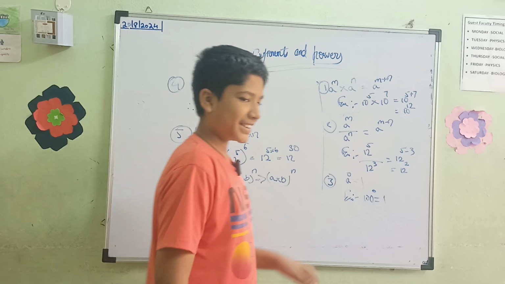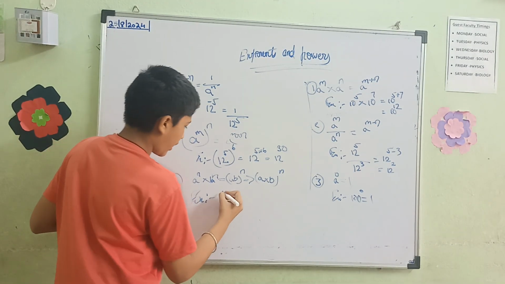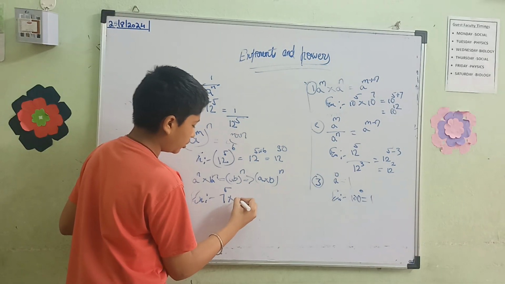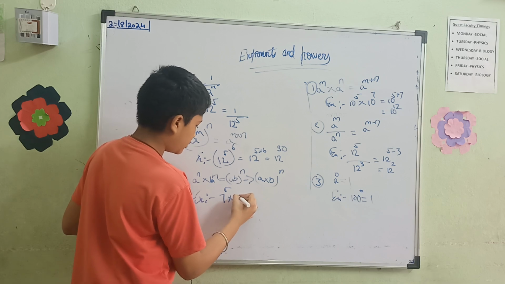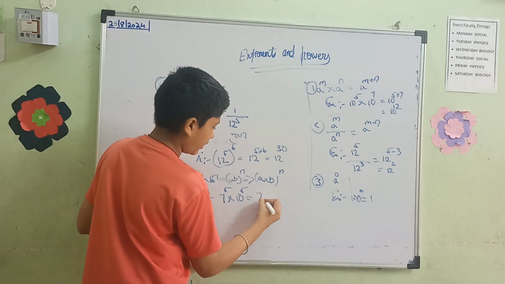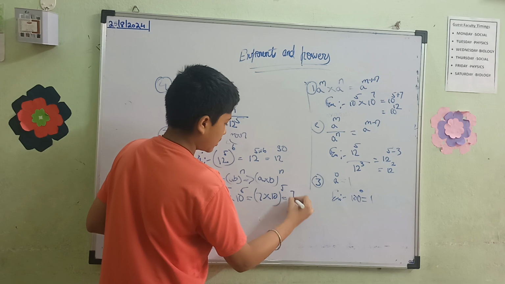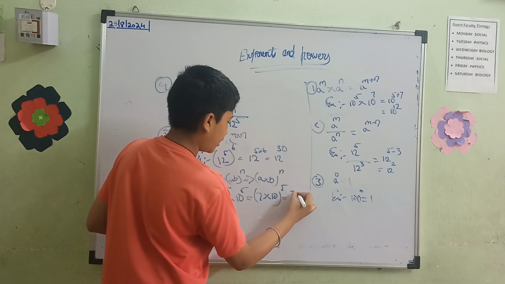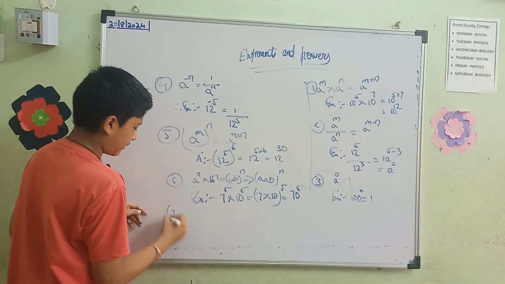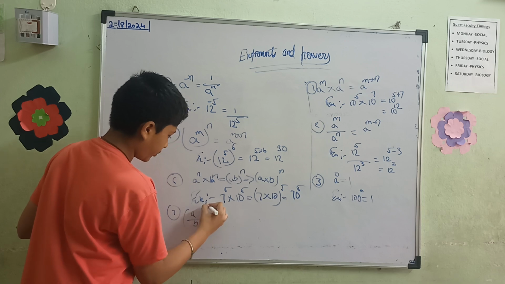For this example, let us take 7 to the power 5 into 10 to the power 5. We can write that as 7 into 10 whole to the power 5, nothing but 70 to the power 5.